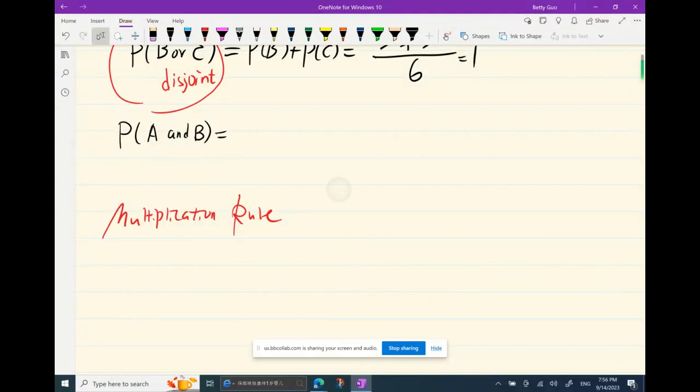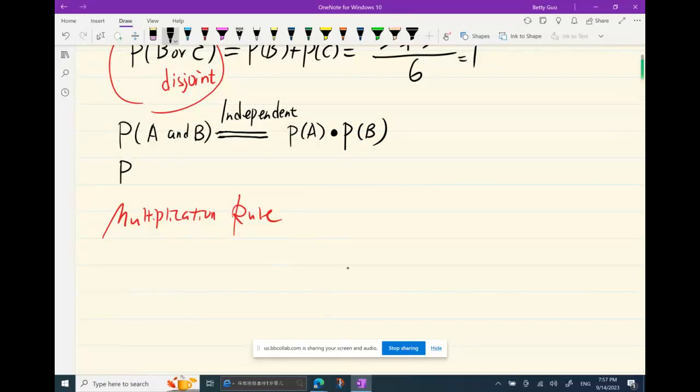Let me write a formula, okay? Let's write a simpler version of the formula first. Independent. The multiplication rule, you can see, is multiply, right? That's the first formula. And the second formula is for when the 2 events are dependent.